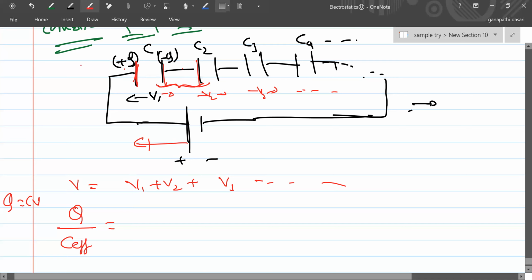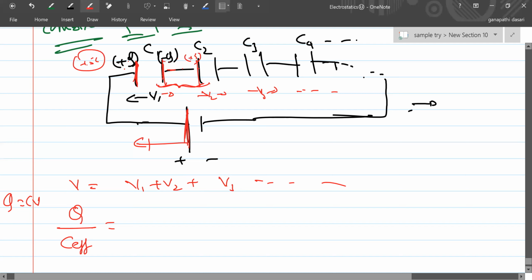So if suppose 5 coulombs of charge is joined with this plate due to the higher potential of the battery, what will happen? Here the charge is neutral, so minus 5 coulombs of charge will come here due to induction. Then if minus 5 is attained here, there will be plus 5 attained here.